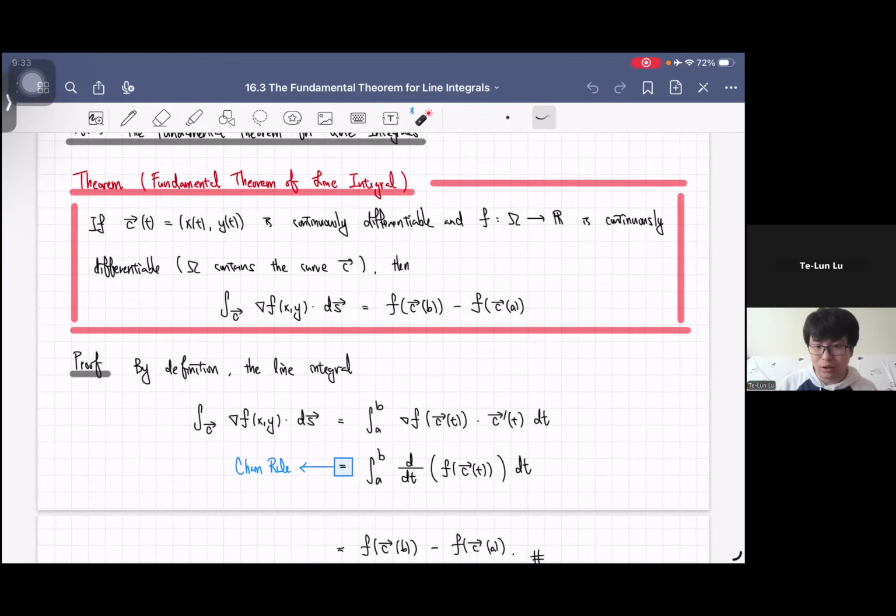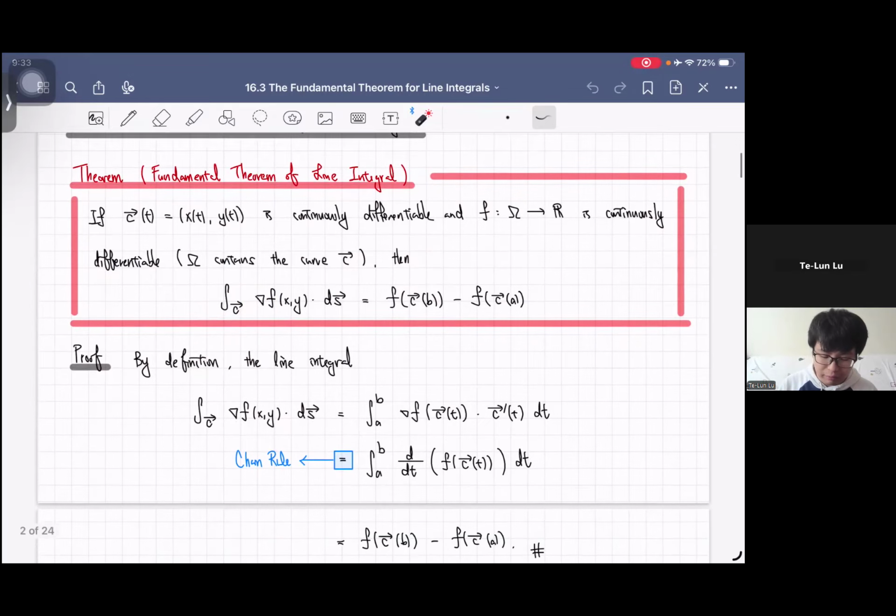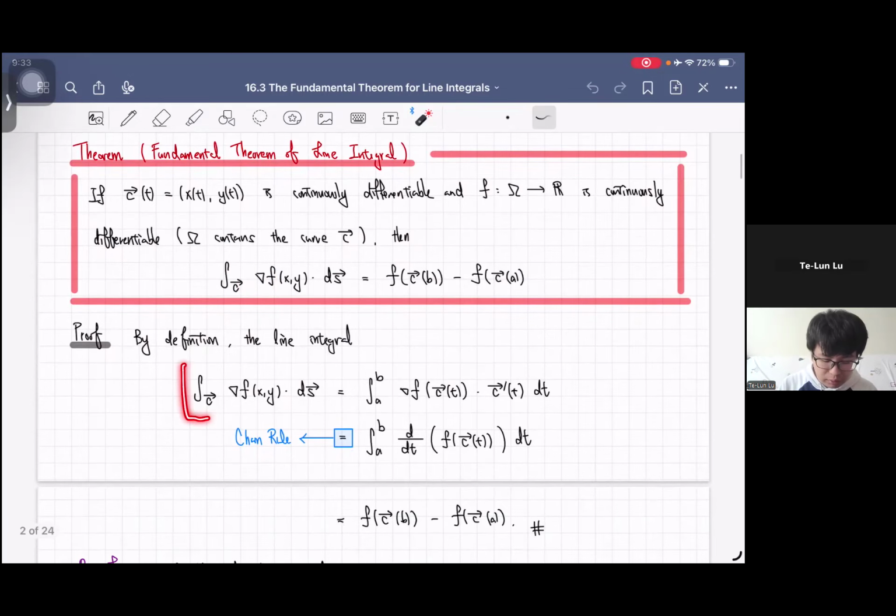So it is actually an almost one-line proof. We see that by definition, the integral of the gradient vector field on this curve C is given by integrating from a to b the gradient of f evaluated on the curve C(t), taking the dot product together with the tangent vector C'(t).